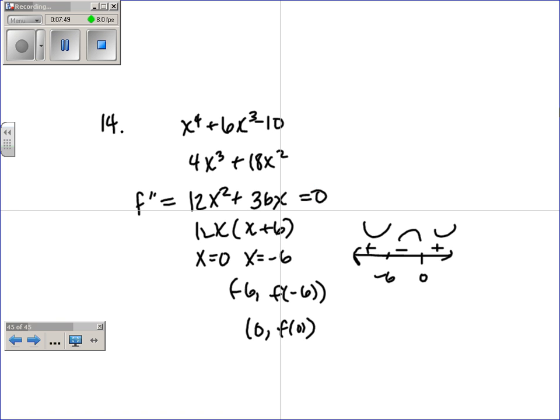Oh, this is supposed to be a 3. Excuse me. You factor out a 12, that's 3 there, so negative 3. The signs are the same. 3 comma f of 3.